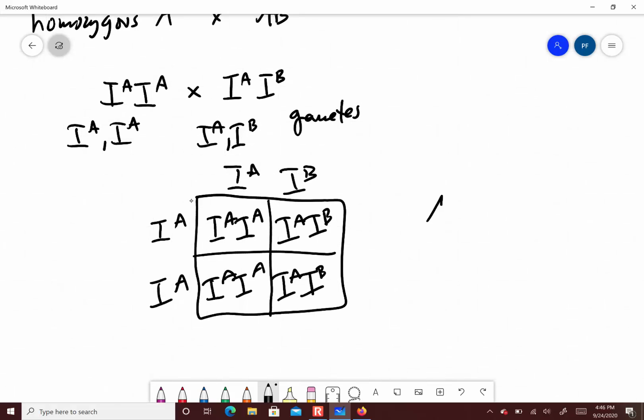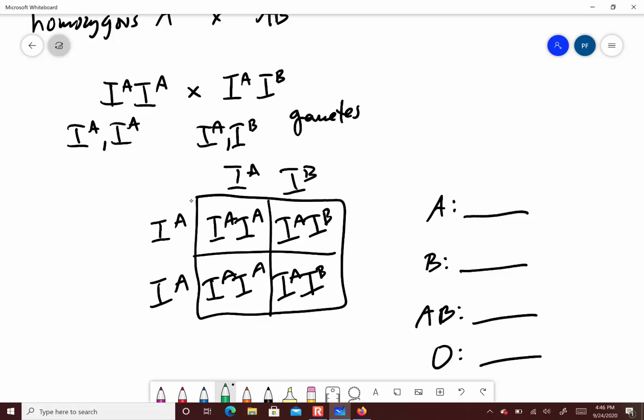And then we're doing our percent chances for each blood type. All right, so this one would be A, this one would be AB, this one is A, this one is AB.